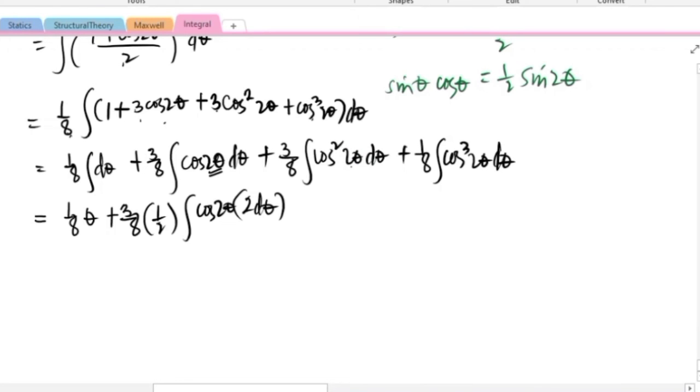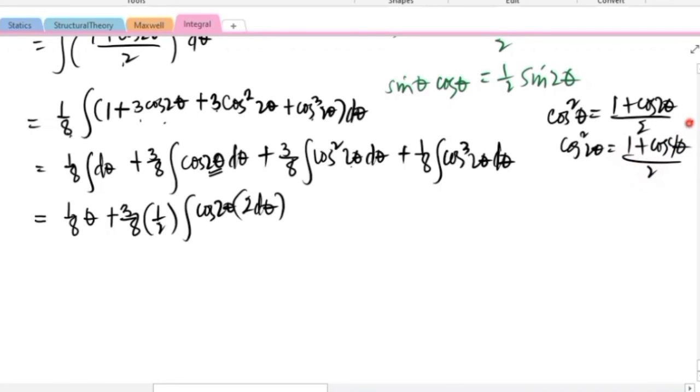So since the cosine squared theta is equal to 1 plus cosine 2 theta over 2, the cosine squared of 2 theta is equal to 1 plus cosine 4 theta over 2. So ito lang, tina-times 2 natin, no? So tina-times 2 natin to, so that's why this is 4.